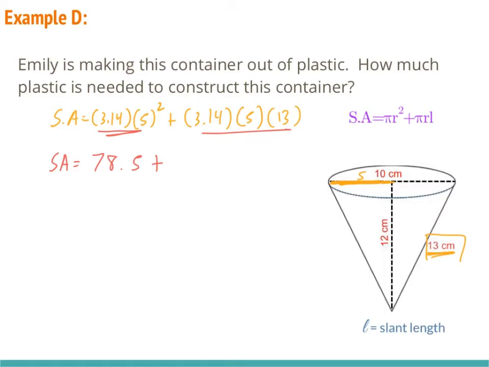So 3.14 times 5 times 13 is going to give me an answer of 612.3. So now that I've got those two pieces together, I can just do some adding. So 78.5 plus 612.3 is going to give me a surface area of 690.8.